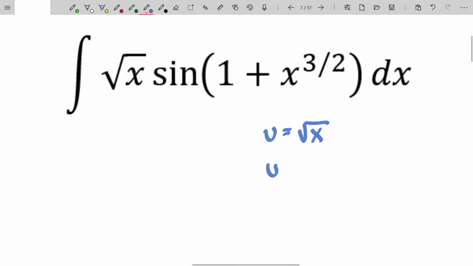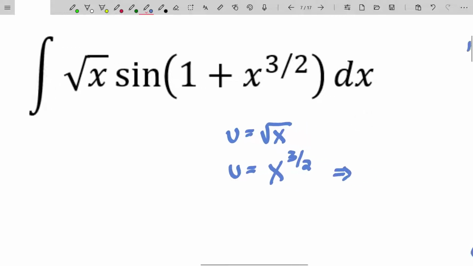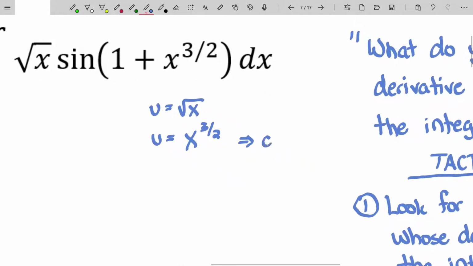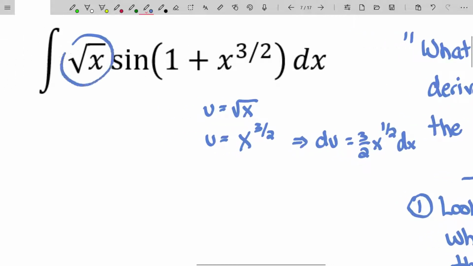I could also let U equal X to the 3/2. If I did that, notice the differential of U would be du is equal to 3/2 X to the 1/2 dx. And notice I do have an X to the 1/2 and a dx to steal. That is perfect. However, that's not the largest expression that I could do a U sub for.